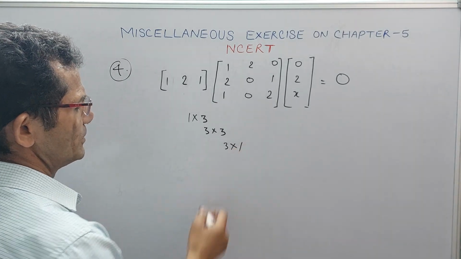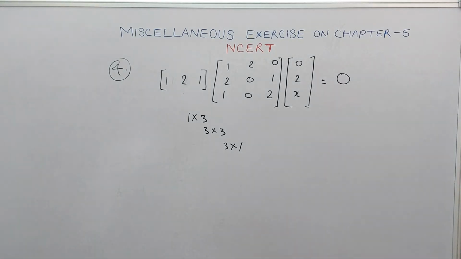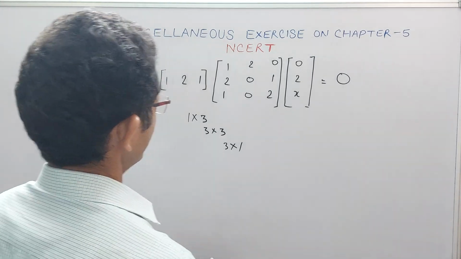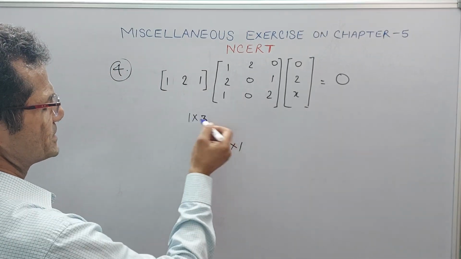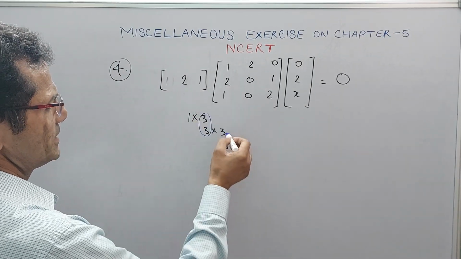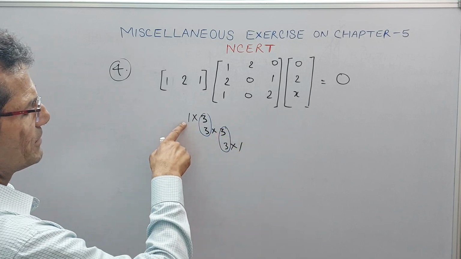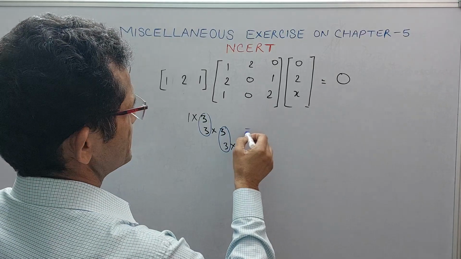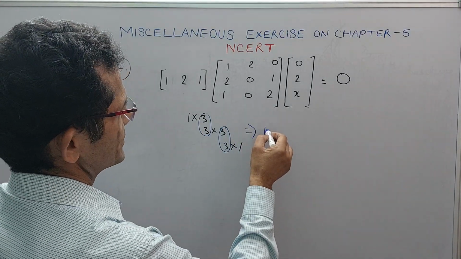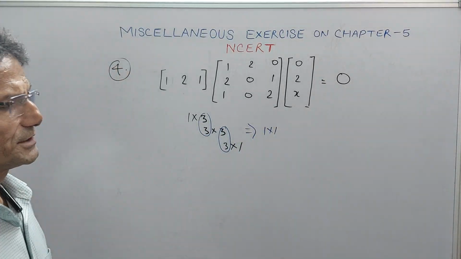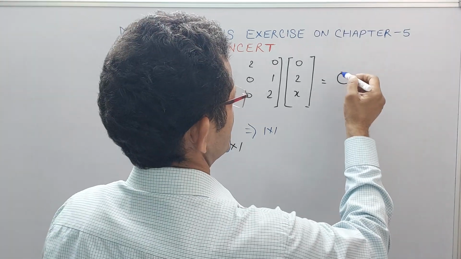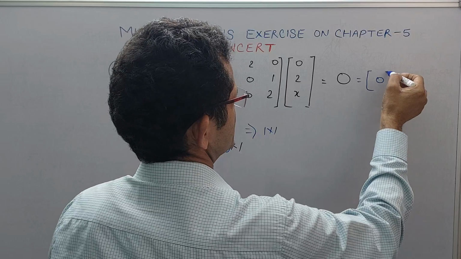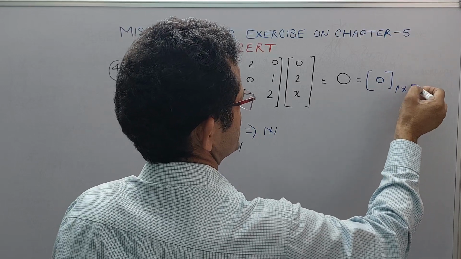So in this case, if I do the product, the inner orders are common, and the final answer comes out 1 cross 1. So our matrix should be 1 cross 1. Only 1 cross 1. It means that the 0 matrix has only 1 entry, in the first row and first column.